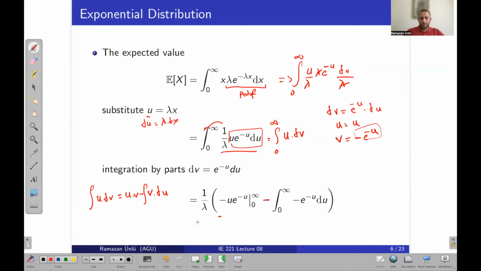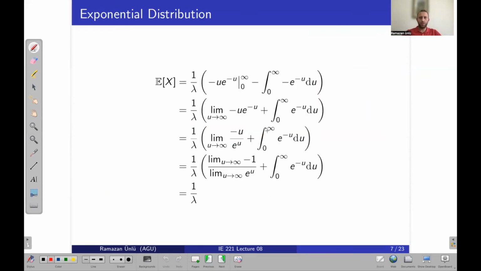And minus the integral from 0 to infinity, I'm going to this part, v times du. What is v? Which is minus e to the minus u, and du. Okay, so I just need to calculate this part.